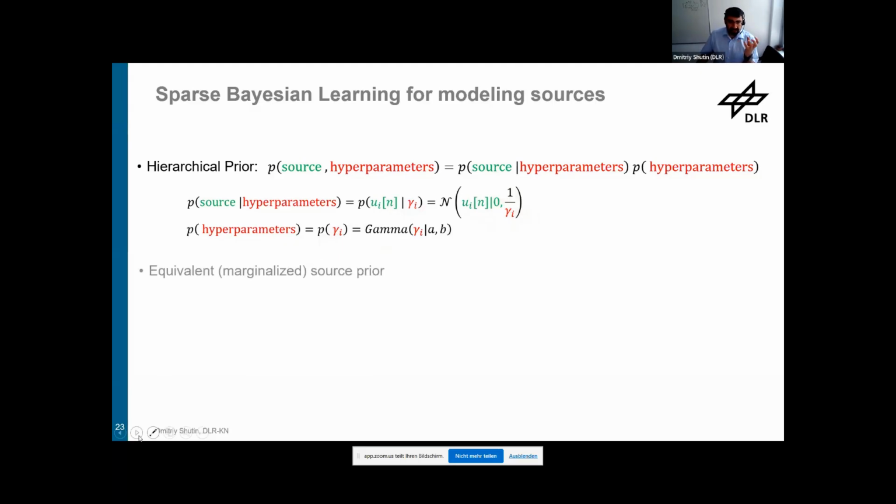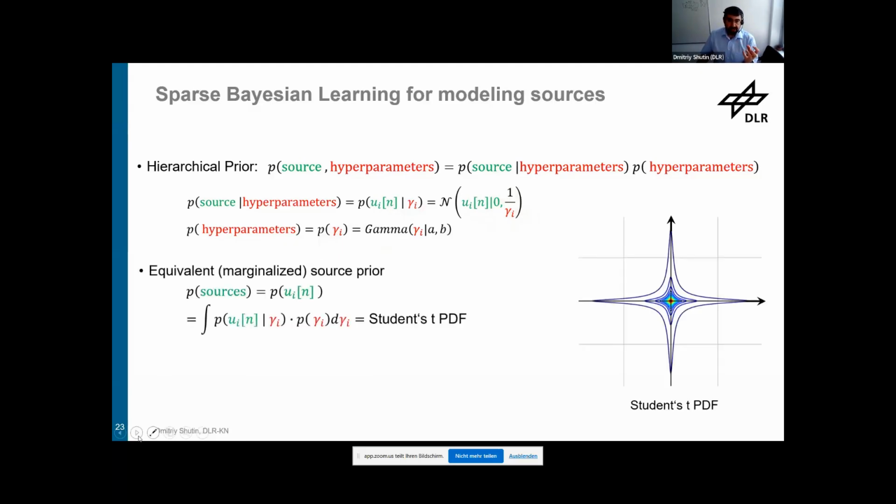It's a slightly strange combination, but if you look at what is an equivalent prior, you can marginalize over gamma, and you find that this is actually a Student-t distribution. What is important here is that it looks almost like an L0 norm.